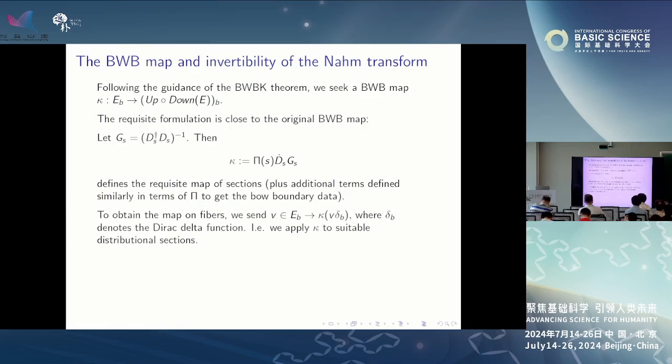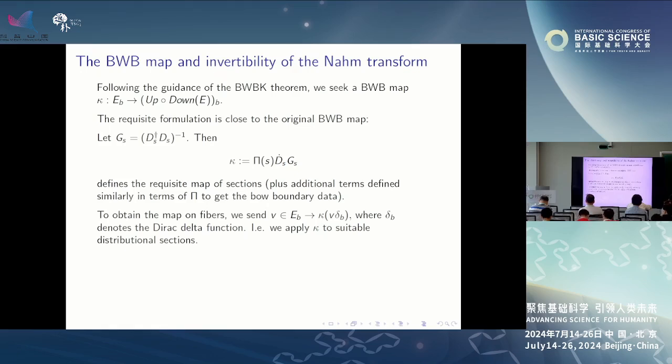So this, of course, is a map of sections, and we want a map of fibers. To pass from sections to fibers, if we want to understand where v goes, we take v and couple it to a Dirac mass at the point b in the fiber. So we're in fact applying kappa to suitable distributional sections.